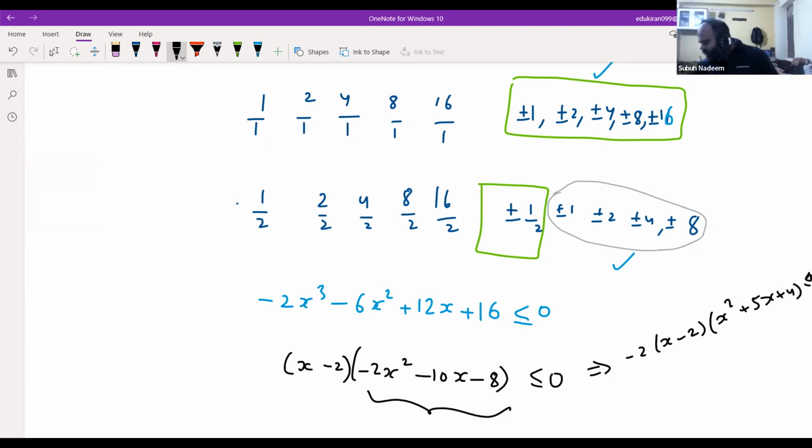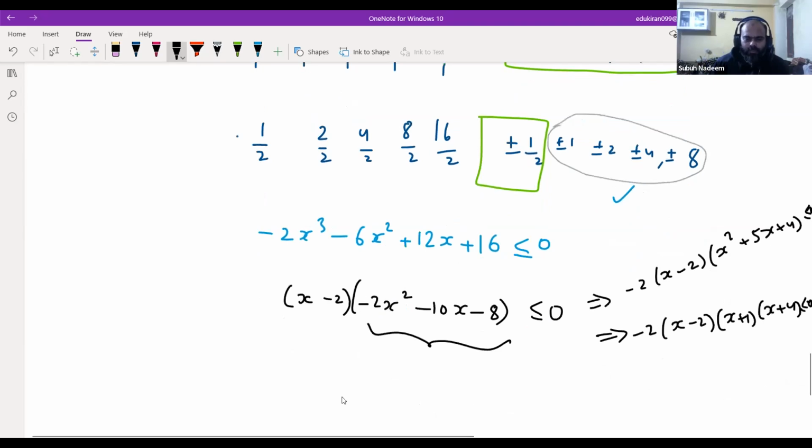Yeah, correct. x plus 1 into x plus 4, and minus 2, x minus 2 into x plus 1 into x plus 4 is less than equal to 0. Is it okay? Now just do the same thing as we were doing.